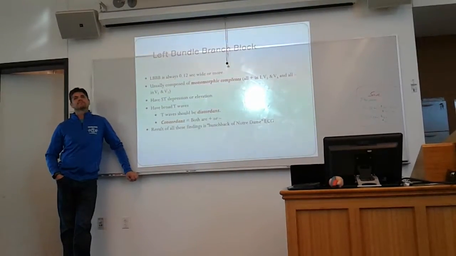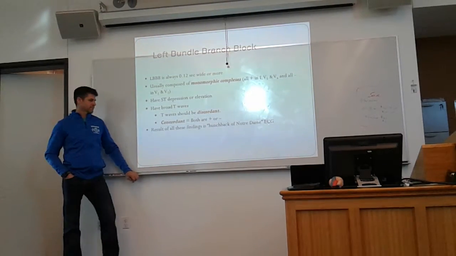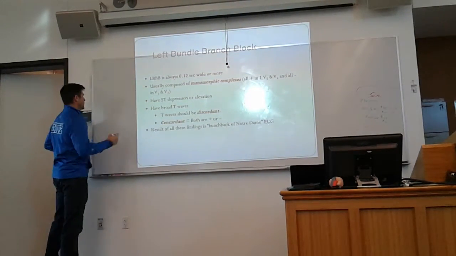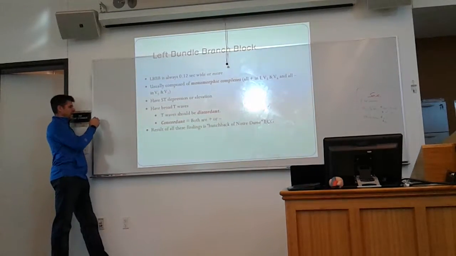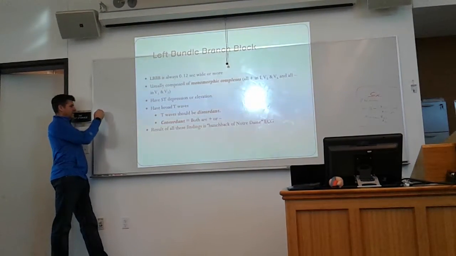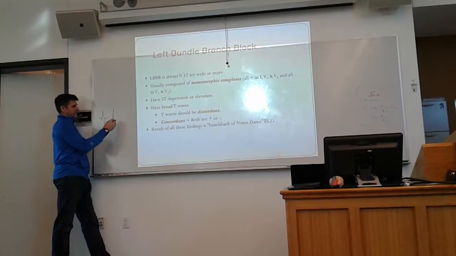That's correct. When you say monomorphic, that's different from being concordant. Concordant is just all positive or negative, but monomorphic, it's the shape or also the amplitude. QRS complexes can come in many different ways, right? This could be a QRS complex, that could be a QRS complex.